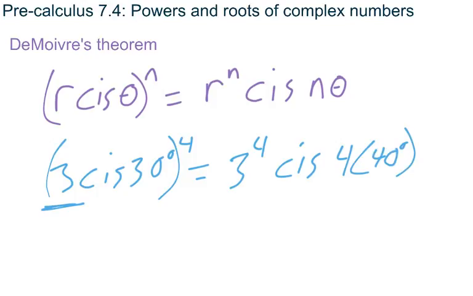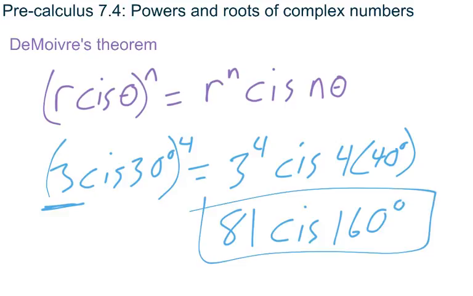And of course that makes it a lot simpler to work out. Now you could get 81 cis 120 degrees, and we just did the whole thing in a very, very simple process.